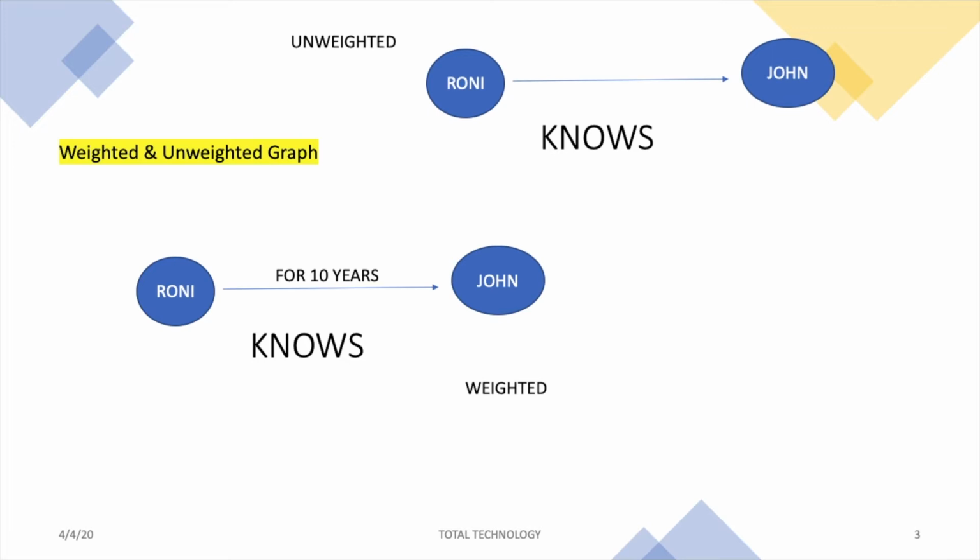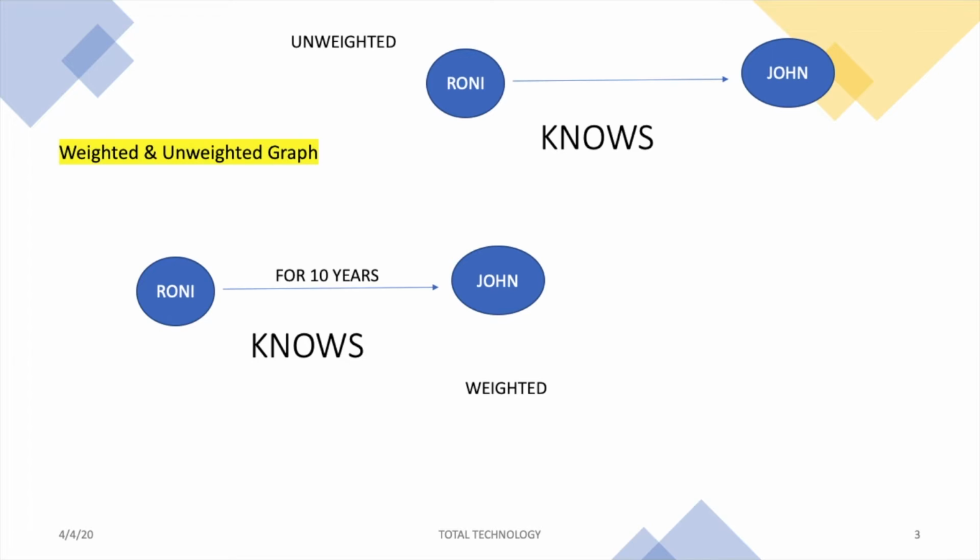So a weighted graph means it is giving some importance based on the relationship property. What is the property here? For how many years he knows him: 10 years. In the first one we have no property defined for the relationship, so it is called unweighted, meaning the relationship doesn't represent any properties.